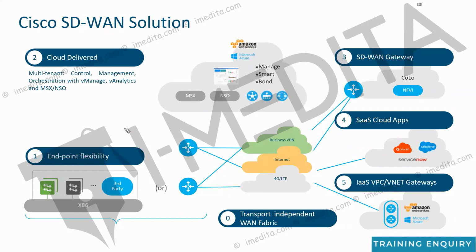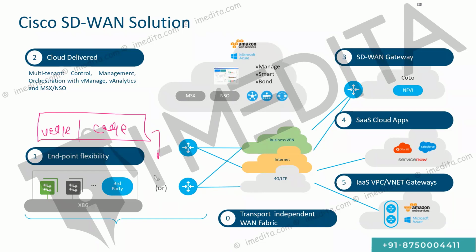So we can have dedicated hardware such as V-Edge router or C-Edge router hardware platforms, or we can just download the images of it from Cisco website and deploy it in some virtualized environment such as ESXi. Both will work. We have the flexibility when it comes to deploying these routers in our production environment.